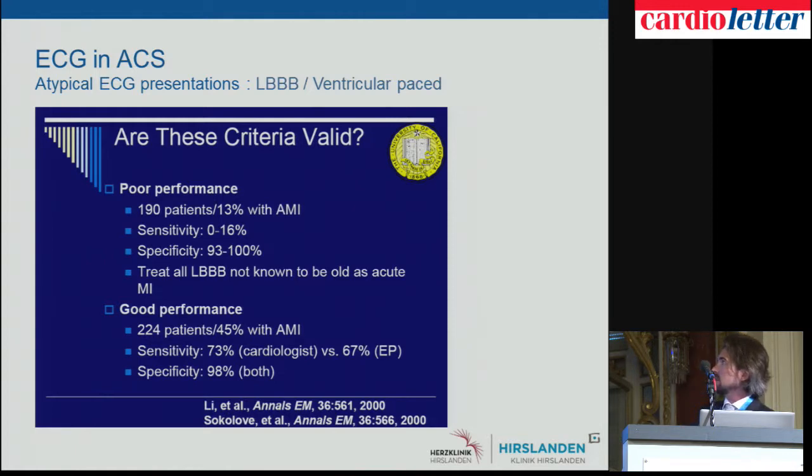When you compare these kinds of studies, you see very nicely that the good performing studies have a much more selected population with a higher amount of myocardial infarction. For me, the conclusion here is quite clear: if you have a well-selected population, then the criteria are valid. If you apply it just formally as an algorithm without pre-selection, then these criteria will not perform very well.